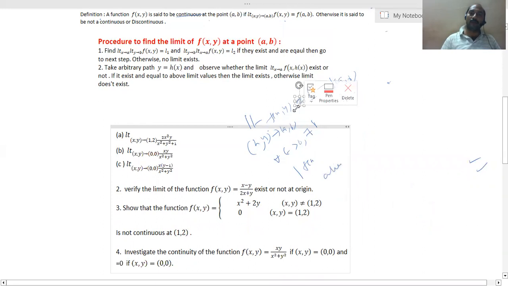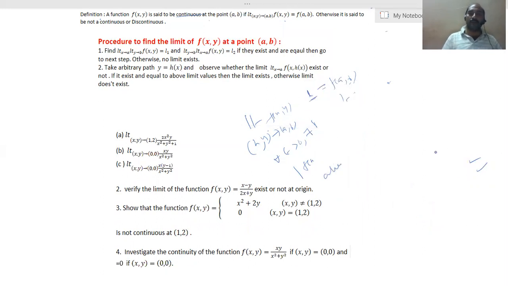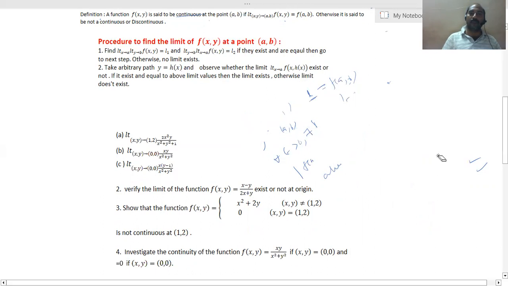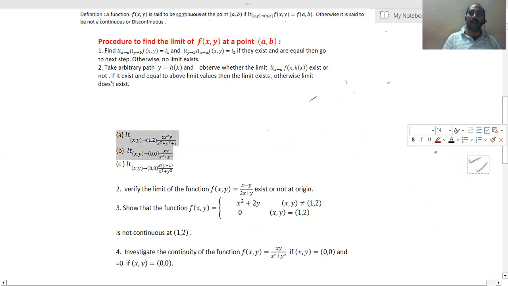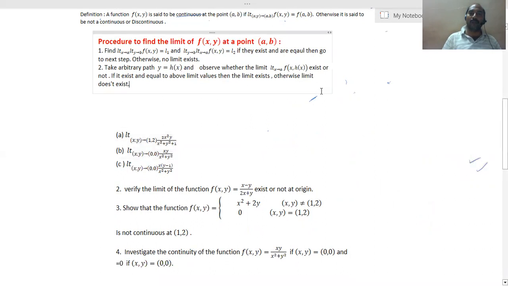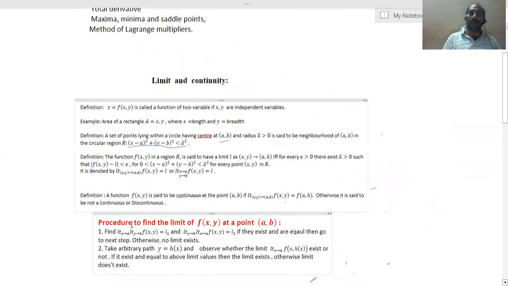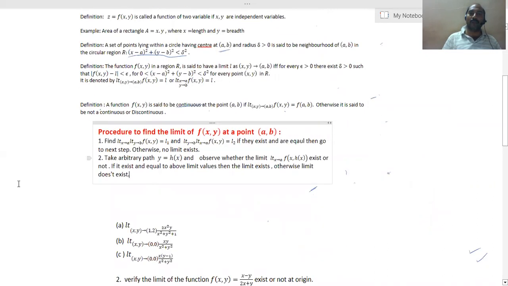Before going to the problems, let me give a procedure so you can handle them easily. Otherwise, at the time of the problem section, you may face some difficulty. That's why I'm providing this small procedure or process.